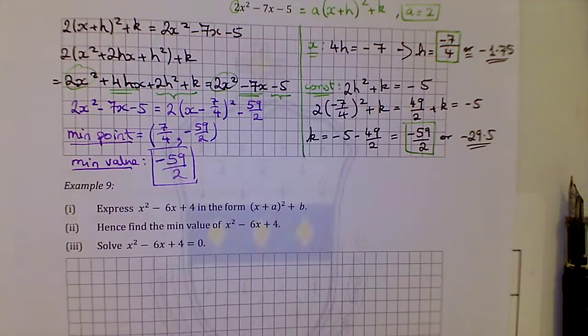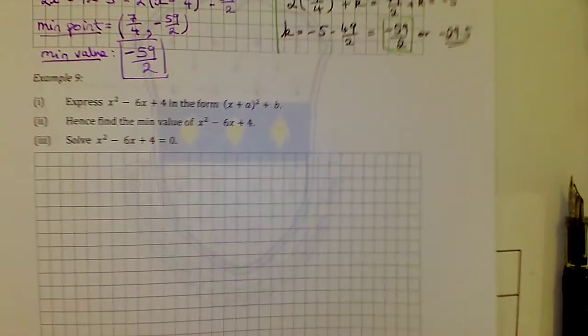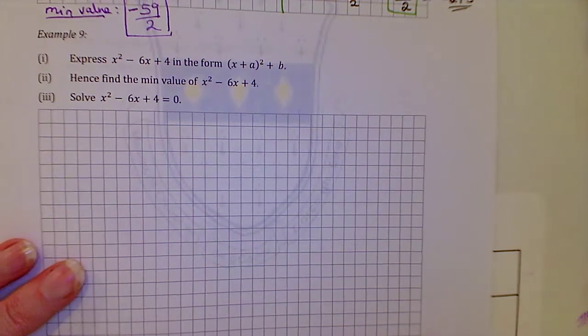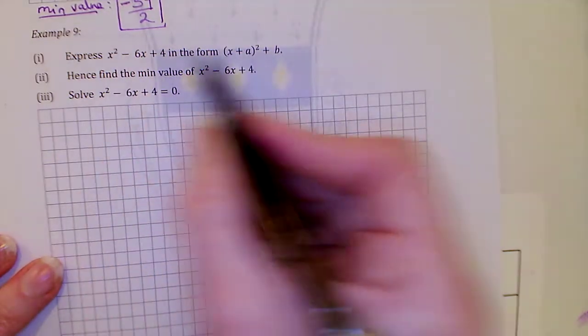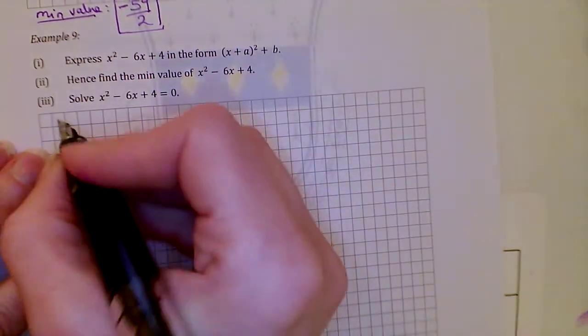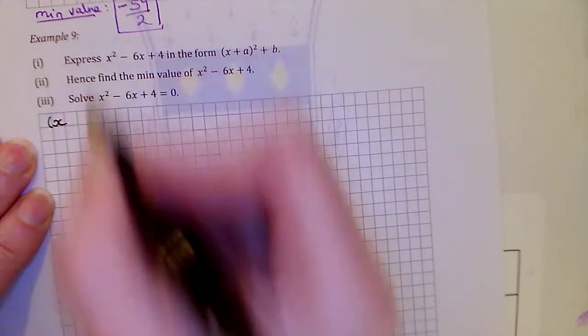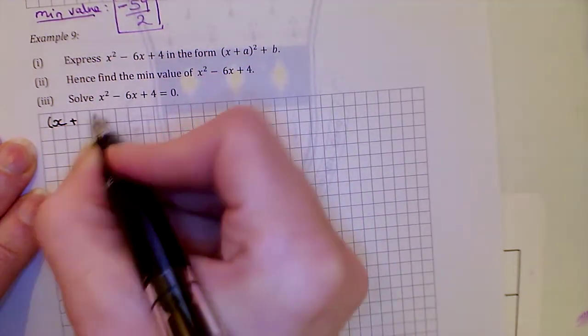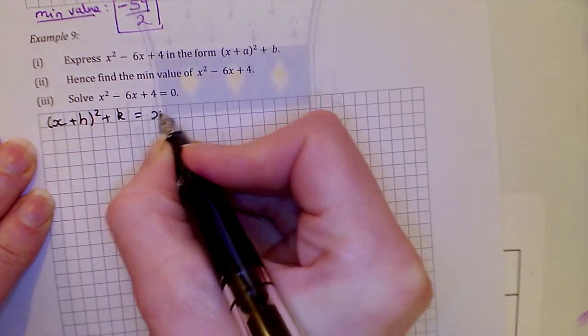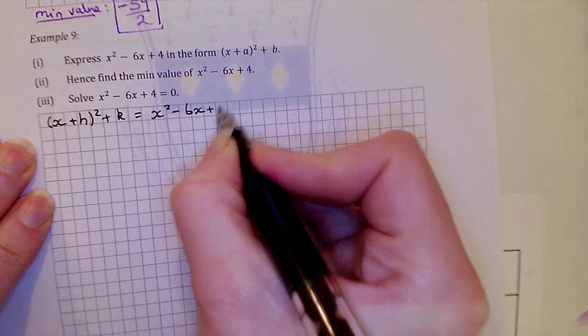Okay, so we'll move on. Again, if you're comfortable with skipping steps, there's absolutely no problem whatsoever in skipping steps with this. Example 9, express this in the form. Now they've used a plus b, but we've gotten used to using x plus h, so we'll keep doing it. There's no number in front of x squared, so we don't have to bring in the a. x plus h squared plus k is equal to x squared minus 6x plus 4.